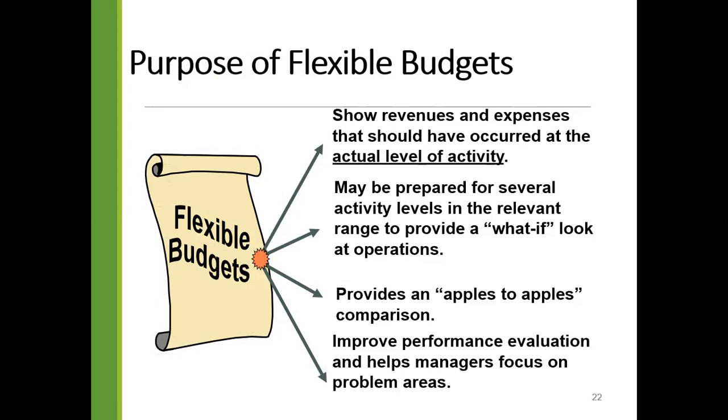So then with our flexible budgets, it's more of an apples to apples comparison, right? Because if we sold 12,000 units, then we want to do a flexible budget for 12,000 units so we can compare apples to apples, and then look at what actually happened compared to our budgeted data. We can calculate a variance or a difference between those results.